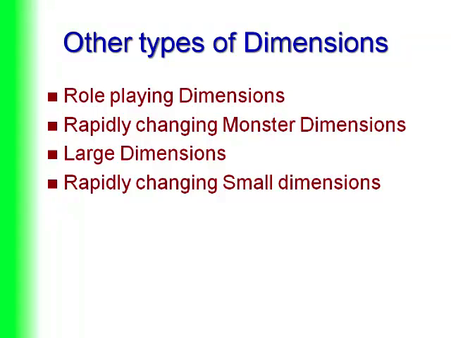Rapidly changing small dimensions. This is the same as a slowly changing dimension, except the frequency is higher. If we need to track changes to attributes, we use this type of dimension. Employee attributes such as appraisal rating, we need to track. For example, for a telecom product, we need to track the changes to the attributes related to the telecom product.